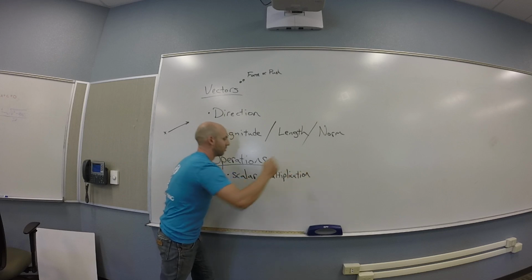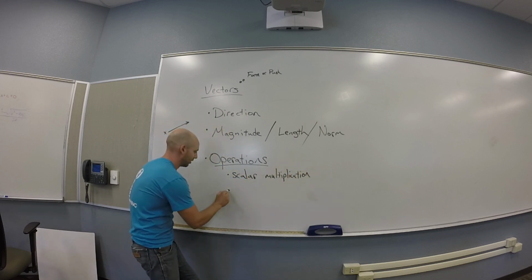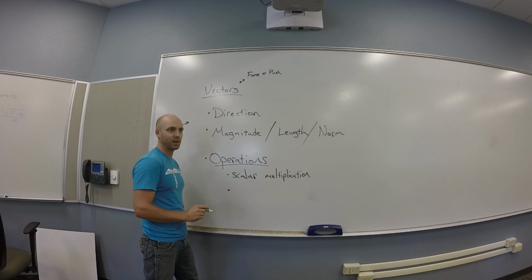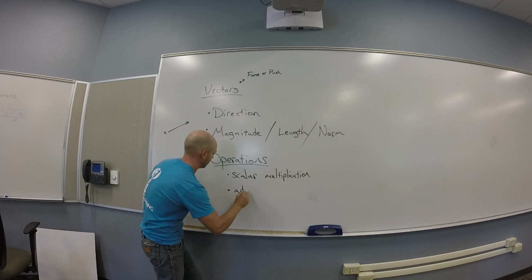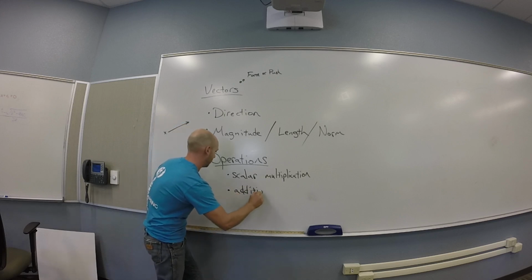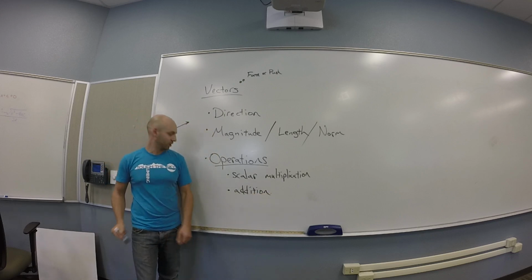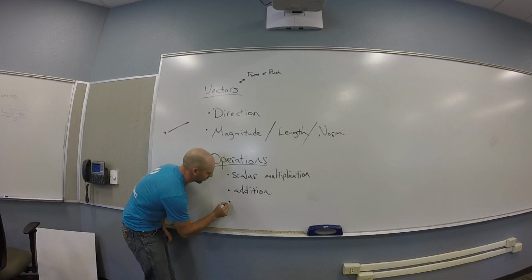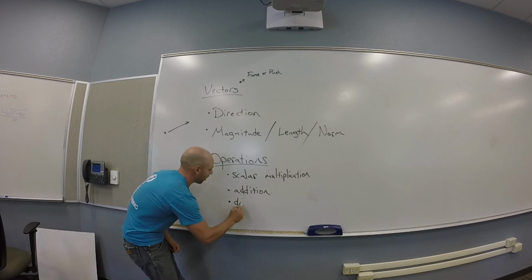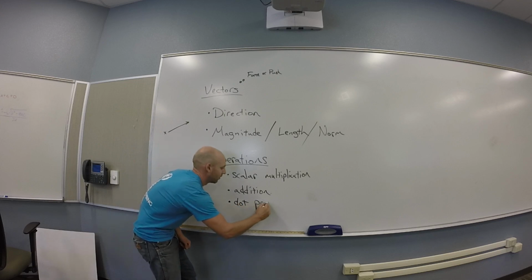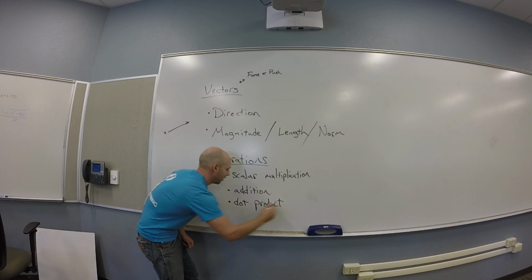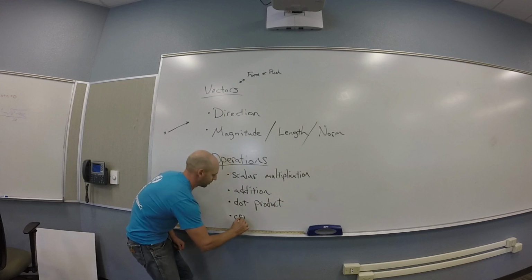And I'm going to need to tell you what a scalar is probably. And the other one that should be pretty intuitive is addition. Let me start with addition. Let me add the other two. And the other two are going to be a dot product and a cross product.